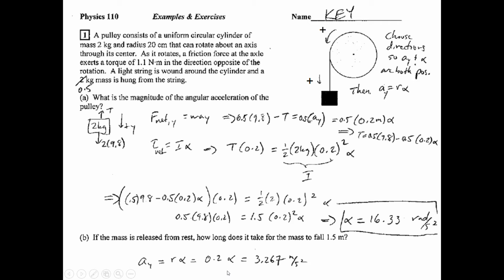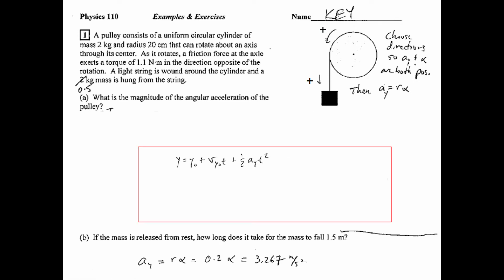And when we put those two things together, we get 3.267 meters per second squared in the downward direction is the acceleration of this block. And then from there on out, it's a kinematics calculation. We want to know the time. It's released from rest, so Vy0 is 0, and Ay is that positive number we just found out.